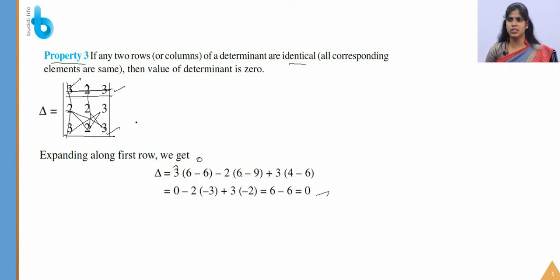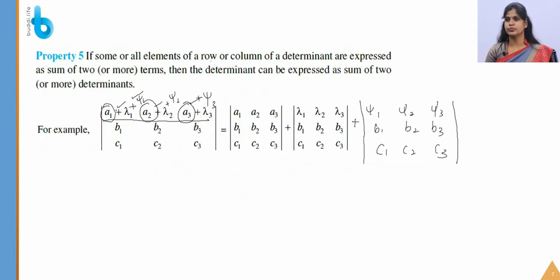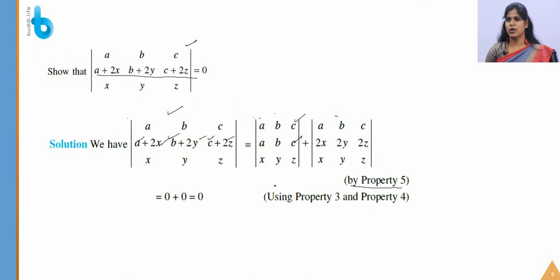By property 3, if 2 rows or 2 columns are identical, then the determinant value is 0. That is what is applied here. See here, 2 rows are same, then the determinant value is 0 by property 3.